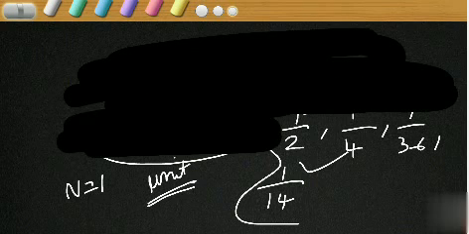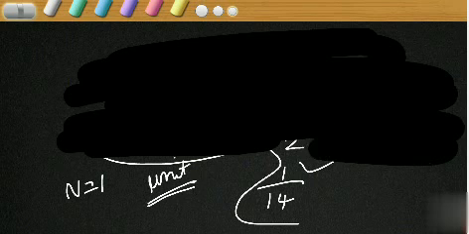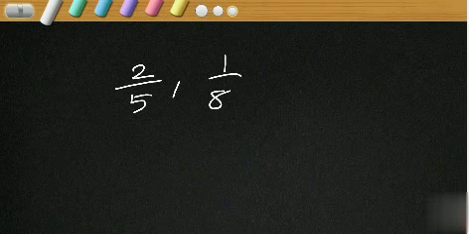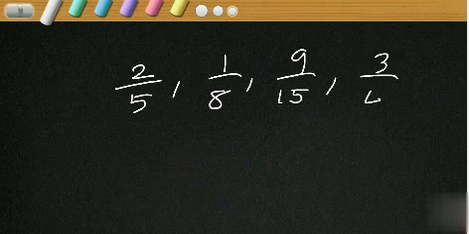And the second type. Let me write some fractions, and you will easily understand. Listen carefully. Is 2 by 5 a fraction? Yes. 1 by 8? Yes. 9 by 15? Yes. 3 by 4?